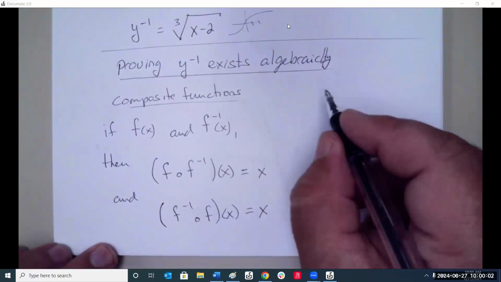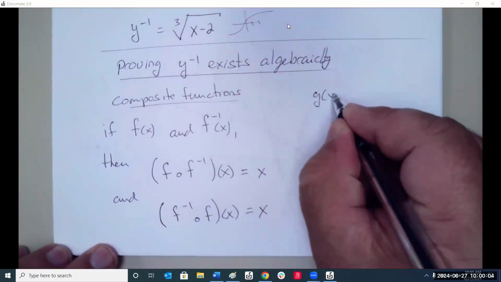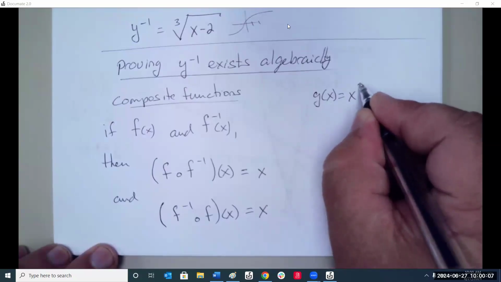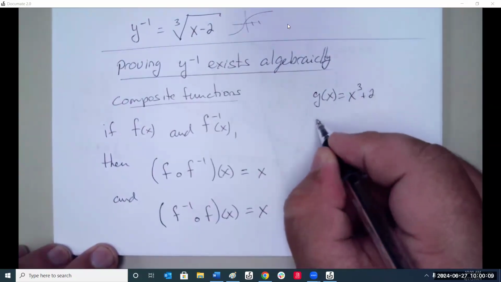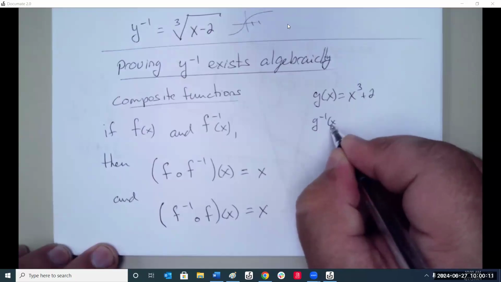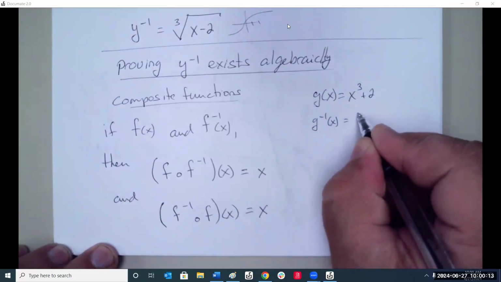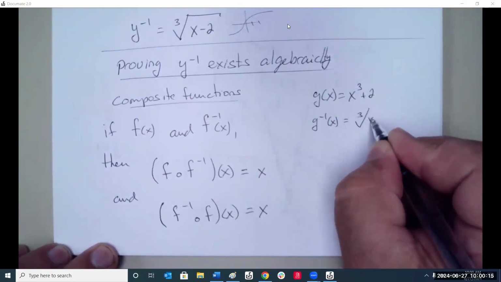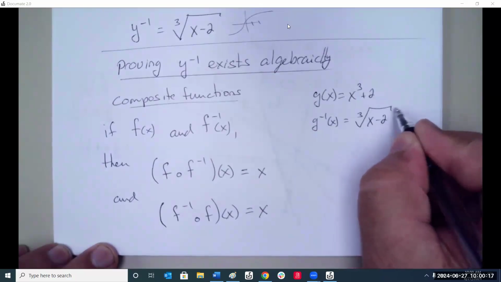Let's look at the last one we just did. We had g of x is x cubed plus 2, and the inverse was the cube root of x minus 2.